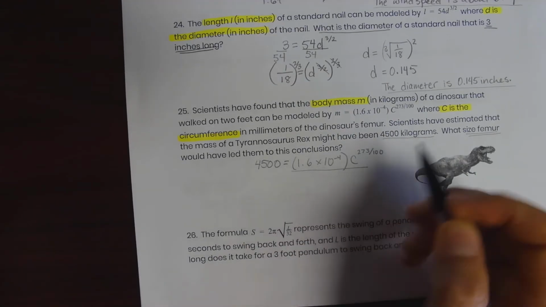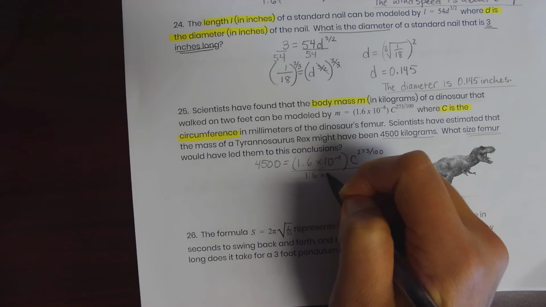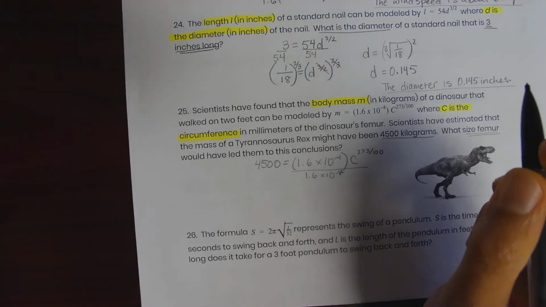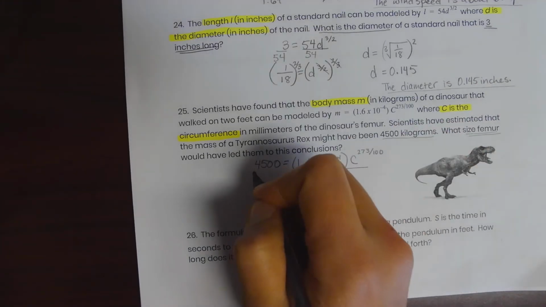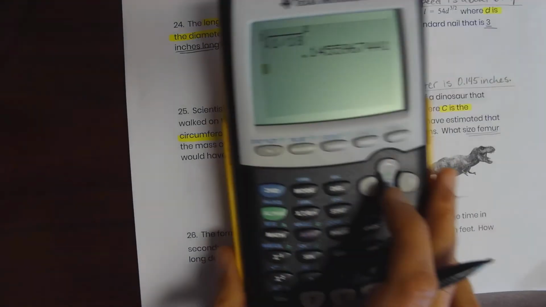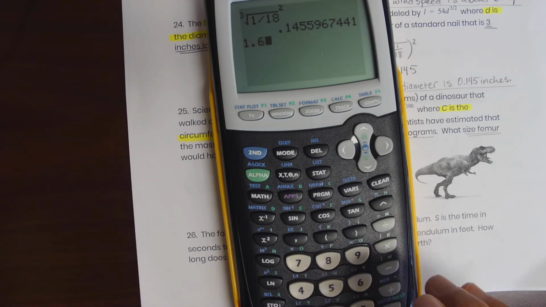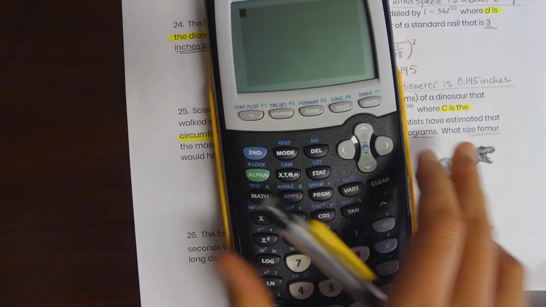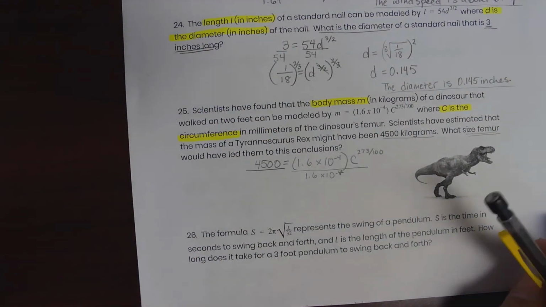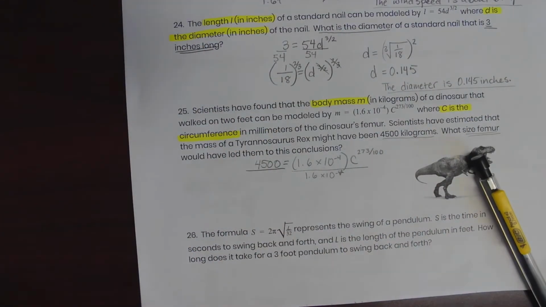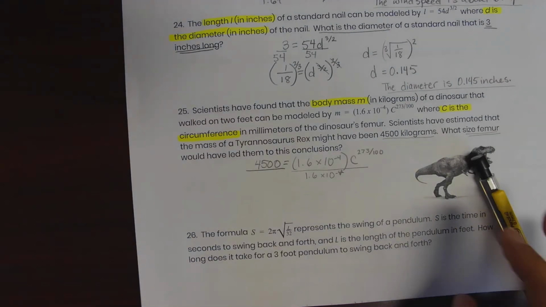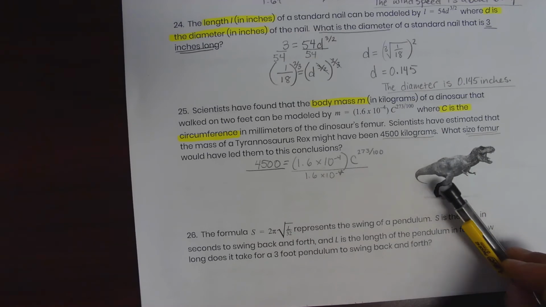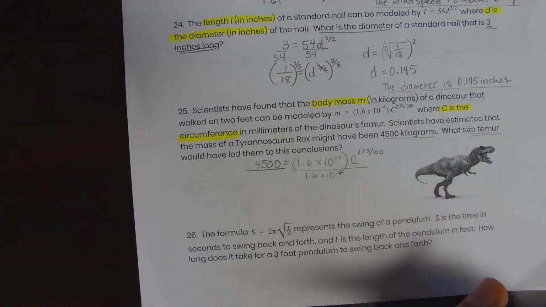I'm going to divide this out first. So 1.6 times 10 to the negative 4. Let's just actually calculate that. That would be 1 over 10 to the 4th.